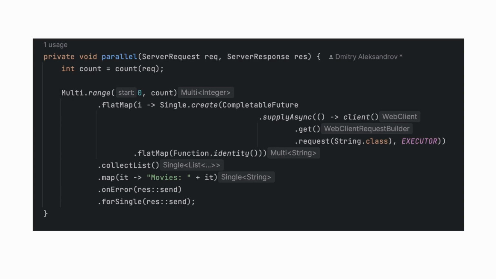Then we collect the results to a list, and then we map it to some strings. If there was an error, we simply handle it gracefully in a reactive way. Otherwise, we create a single and send this single as a string to our customers. Well, that was hard, I would say, but this is very efficient. This is what we do to have a lot of performance.